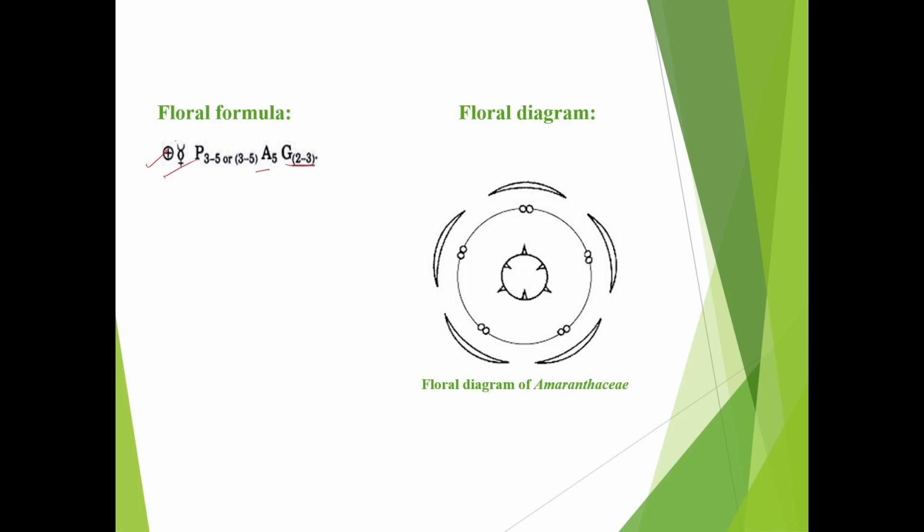As you can see here, the floral diagram of the Amaranthaceae shows the number of tepals, that is 5, showing the valvate distribution. Here you can see this is free. Then the androecium number is 5 and sometimes they are connate at the base, and that's why it is called monoadelphous.